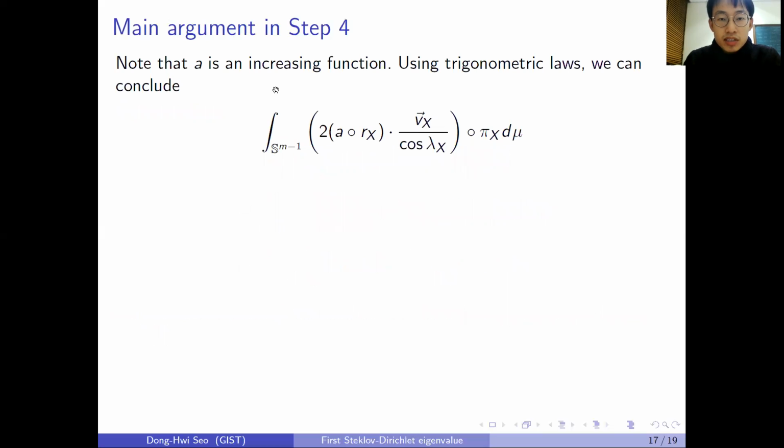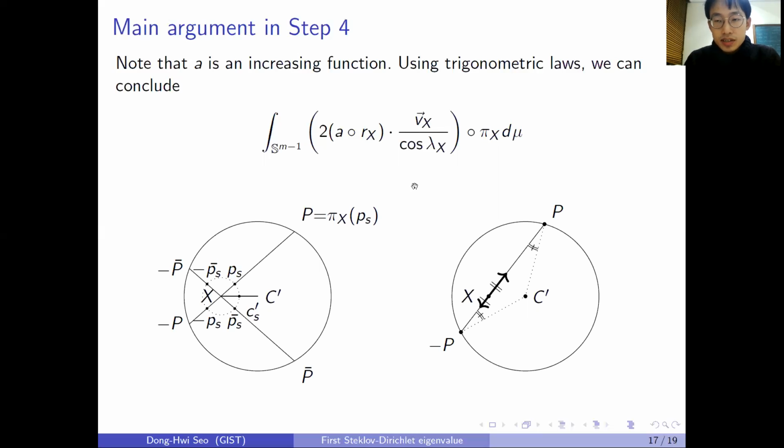And to compute this integral, let me give some definitions.